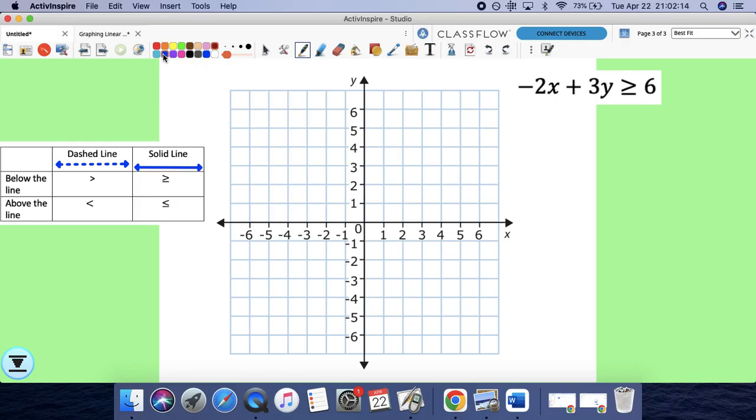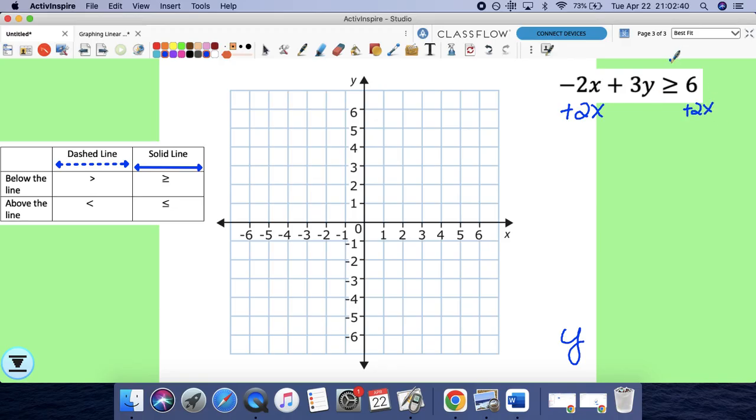All right, so again, the first thing we do is rewrite this inequality so that it looks like this: y is greater than or equal to, or less than or equal to, depending on what we do over here. So what's the first thing we do? The first thing we want to do is add 2x to both sides. So plus 2x on this side and plus 2x on this side.